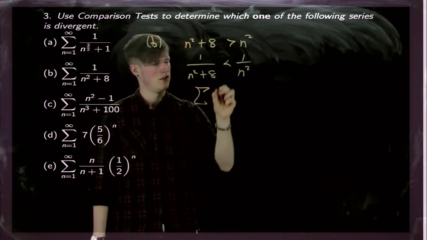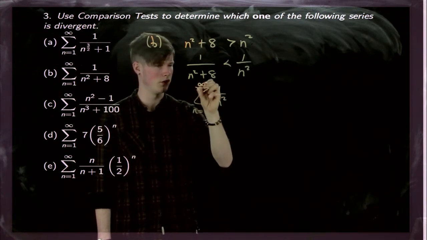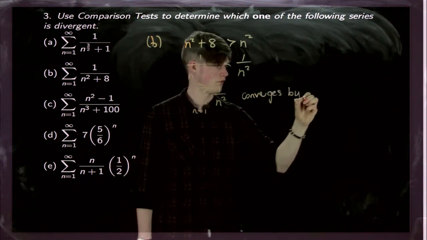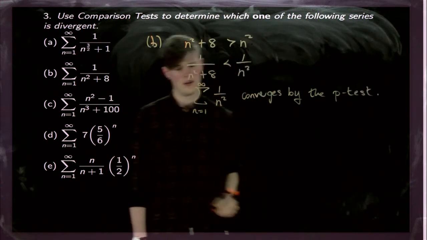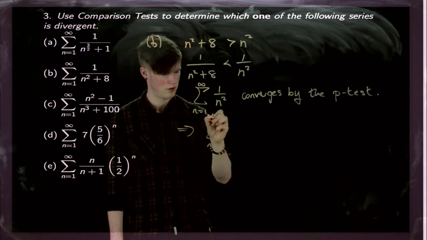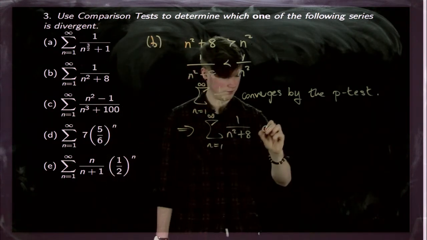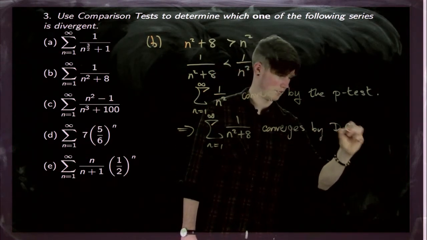And the sum of 1 over n squared, n equals 1 to infinity, converges just by the p test. Therefore, that implies that our series converges by the direct comparison test.